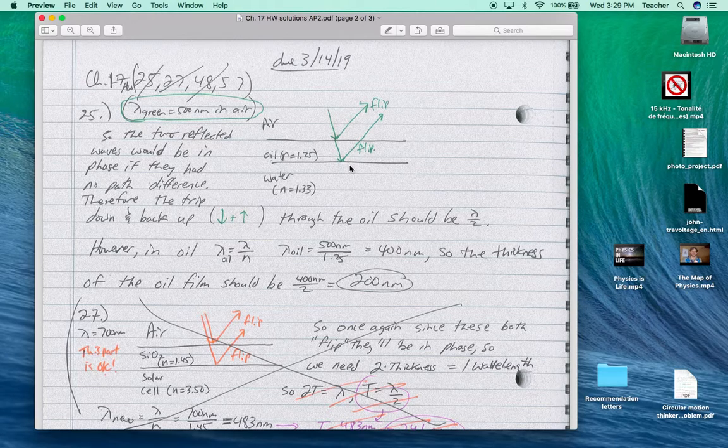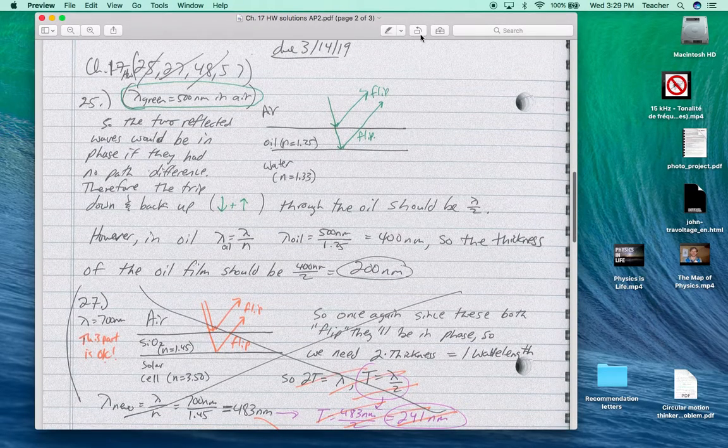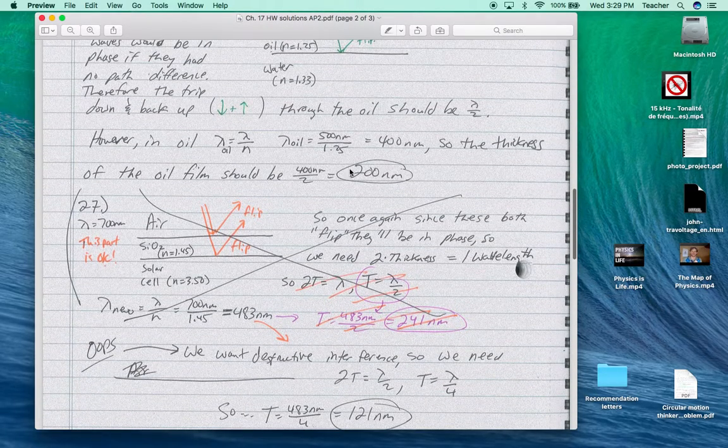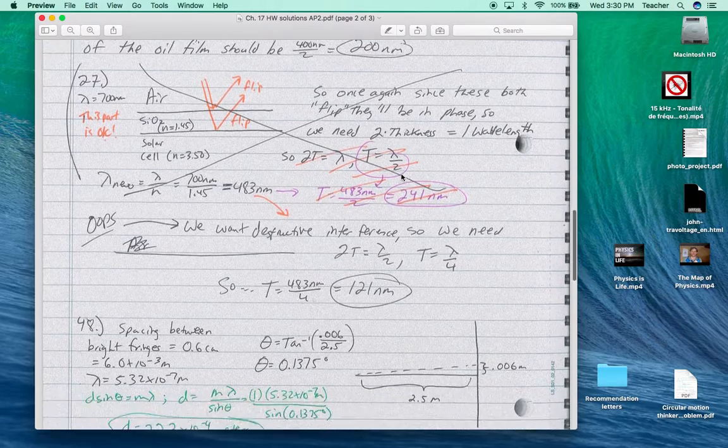Okay, so we want constructive interference. So what that means is this path difference would be one wavelength, and the thickness would be half a wavelength. So I will correct that in just a few minutes. The reason it's 200 instead of 250 is because the index of refraction of oil is 1.25. The wavelength is smaller. I don't think the AP will ever ask you that.